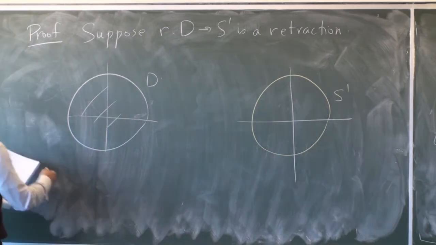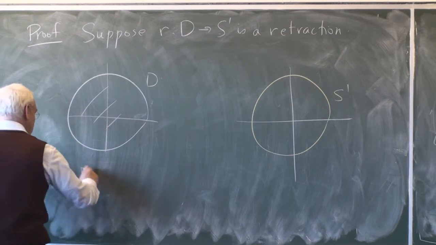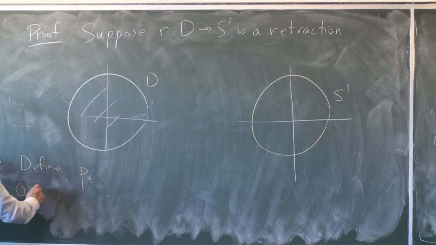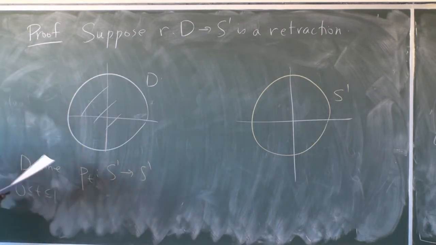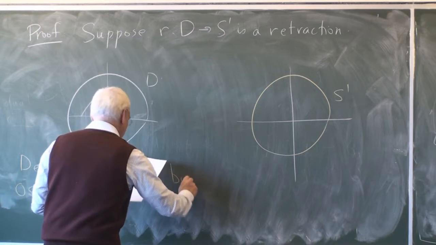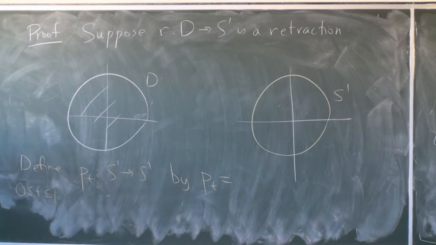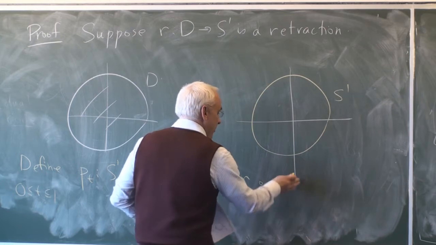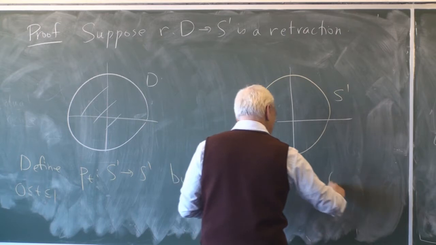So the idea is define a whole bunch of maps, let's say P sub t for t between 0 and 1. Define P sub t from S1 to S1 by P sub t equals a composition of two things, a composition of R, but first we scale by 1 minus t.